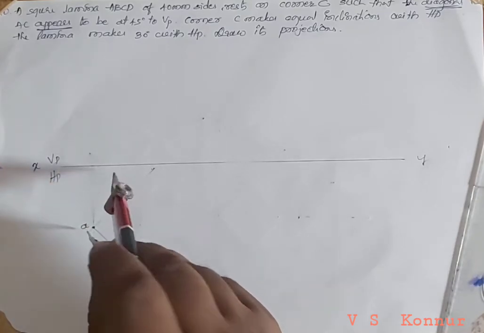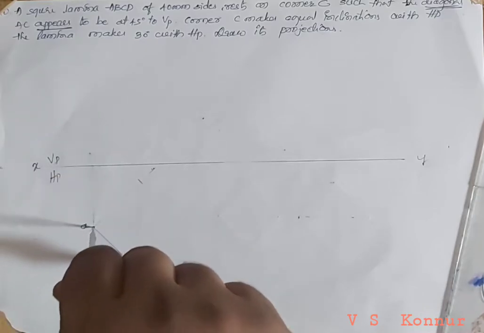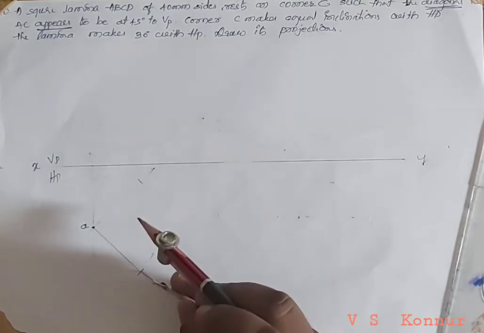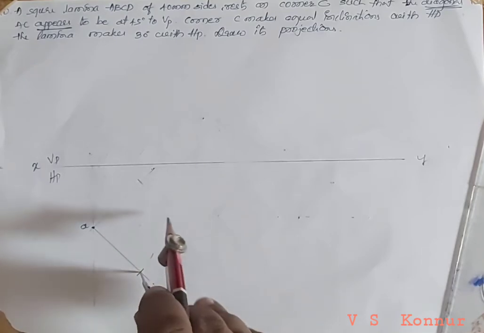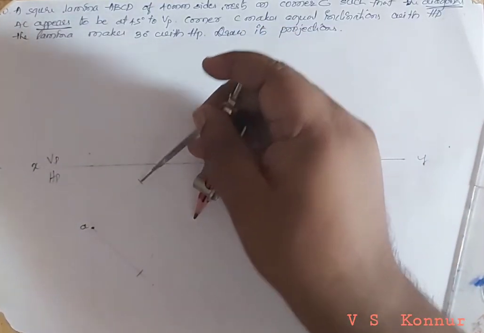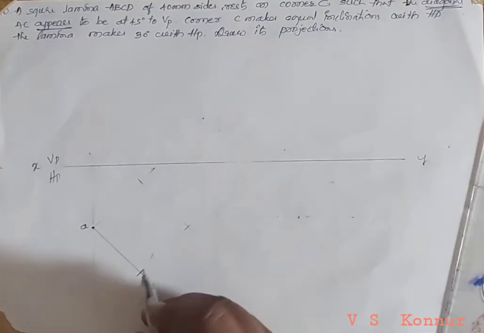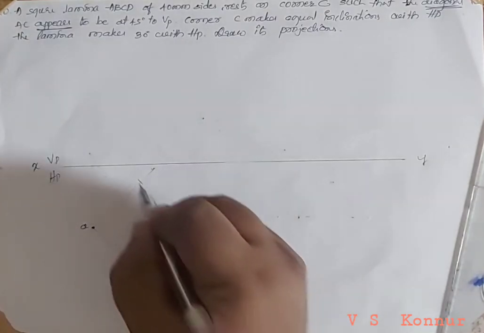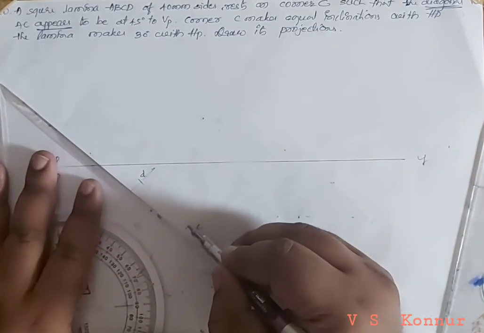From this point, A point, cut on either side. And then from these points, wherever that 45 degree line intersected, draw arc on either side. So you'll get one more point. So this is B point, this is C point, this is D point. I will join all these points.